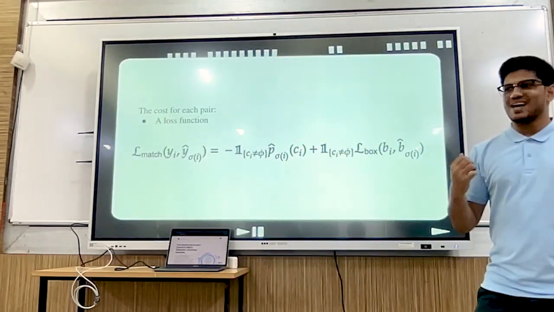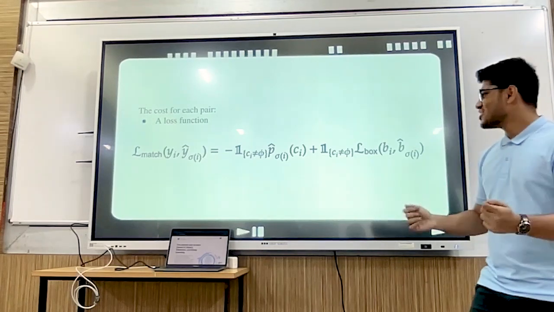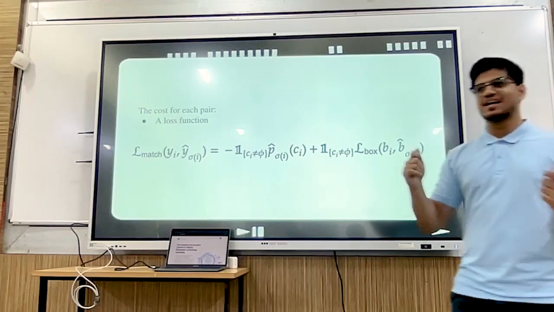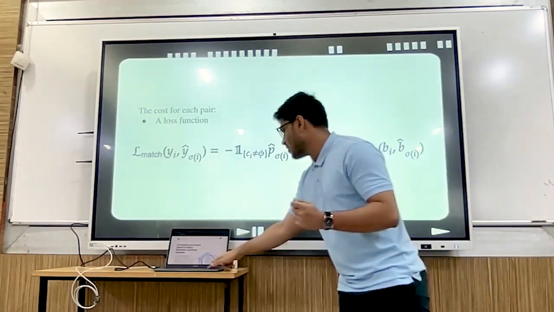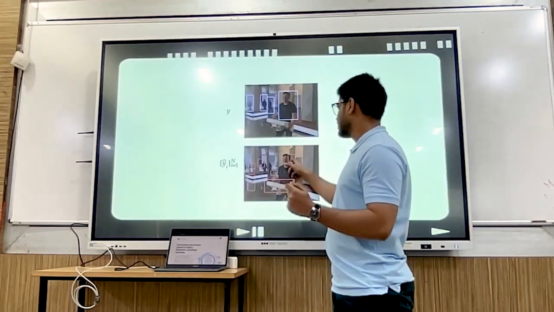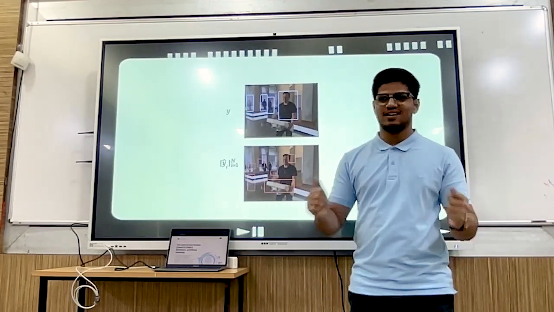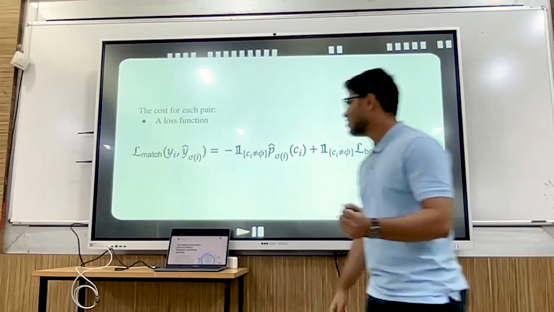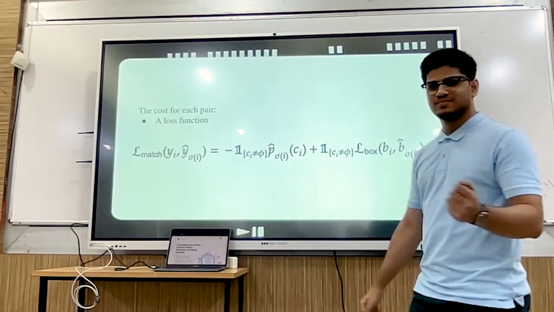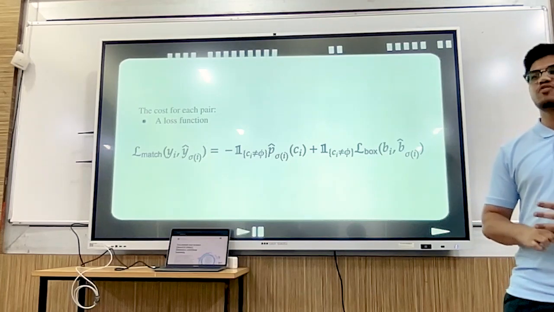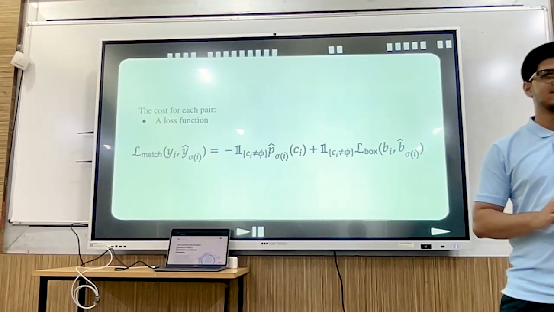Time to get overwhelmed again. So this is the cost that we were talking about. Unfortunately, we cannot express the cost of matching this bounding box with this bounding box in terms of $20 or $30. We can't do that in object detection. So this is the equation that they came up with. And how many of you feel overwhelmed looking at this?